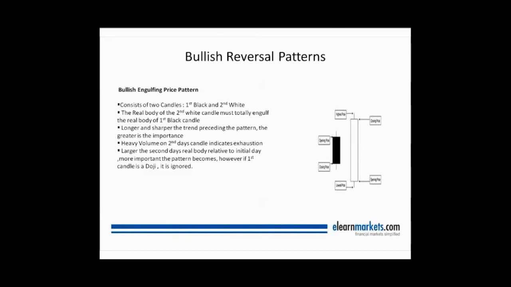The larger the second day's real body relative to the initial day, the more important the pattern becomes. However, if the first day candle is a doji, we ignore the pattern because a doji doesn't have a real body, and in this pattern, we are actually giving importance to the real body.